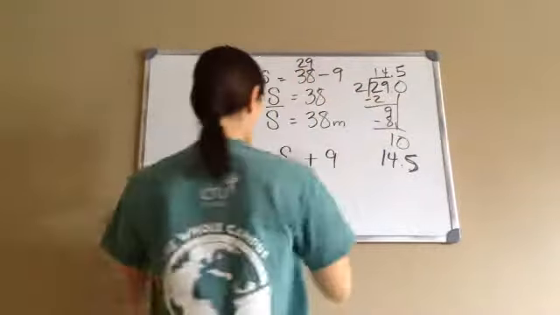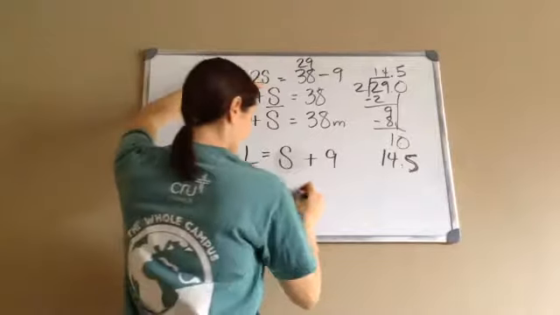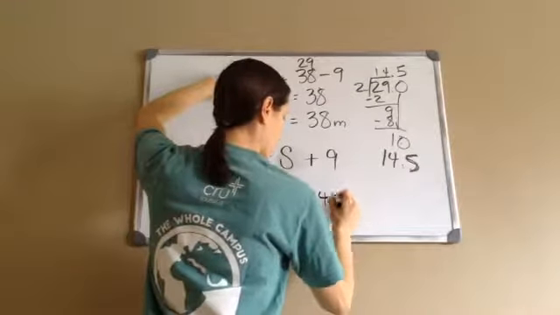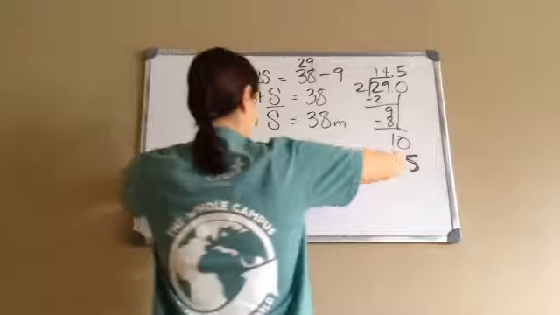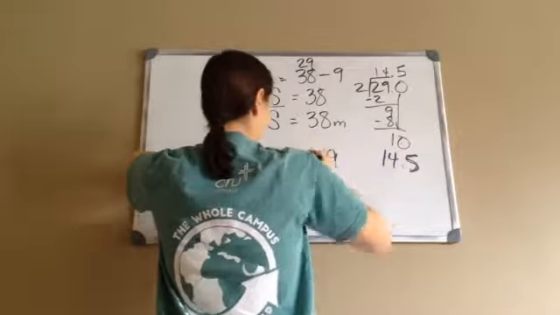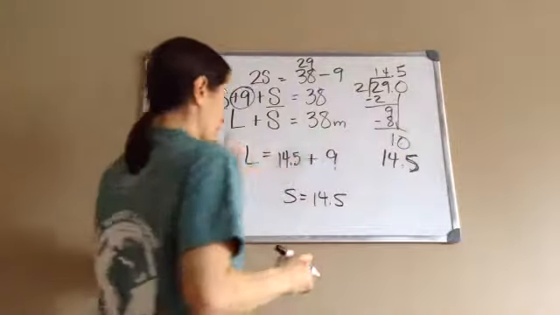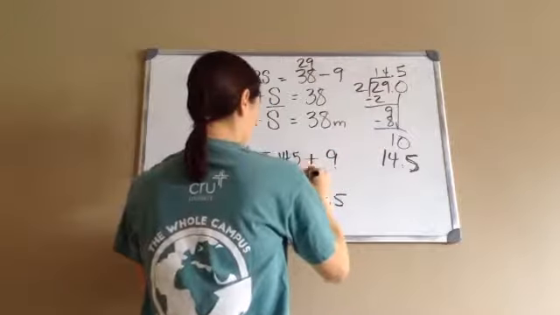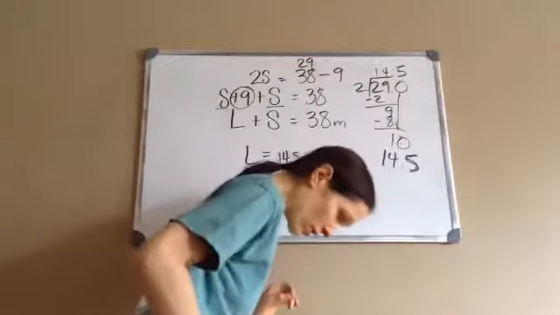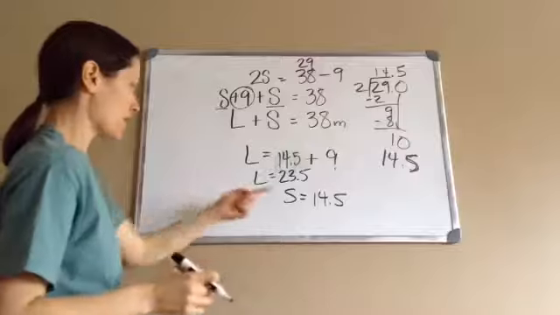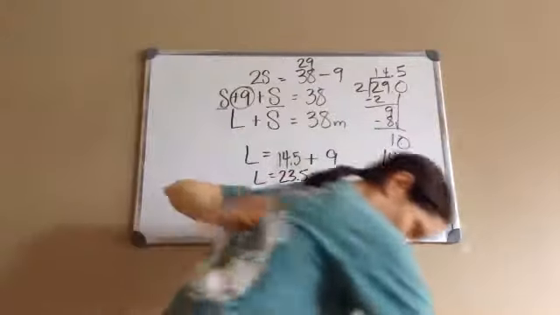So 14.5. So S equals 14.5, and then when I put that back in here, 14.5 plus 9, 10, 11, 12, 13, 23.5 is my L. Got it? So my S is 14.5, my L is 23.5.